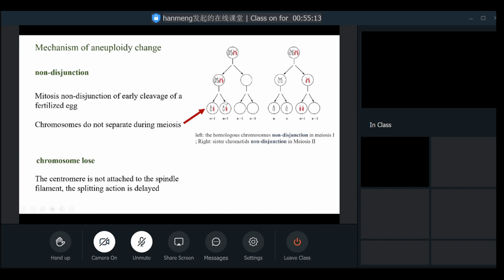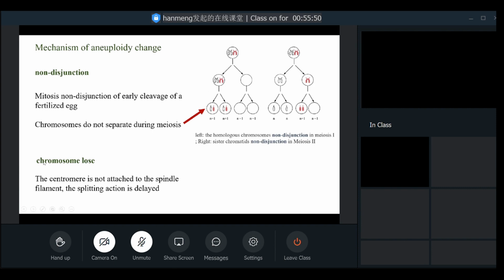So here you should pay attention. If in meiosis 1 the chromosomes do not separate, then the daughter cells are all abnormal. But if it happens in meiosis 2, then half of the cells will be normal.